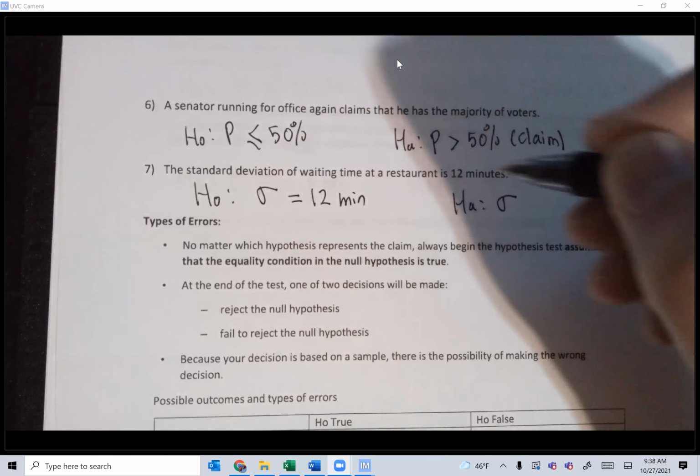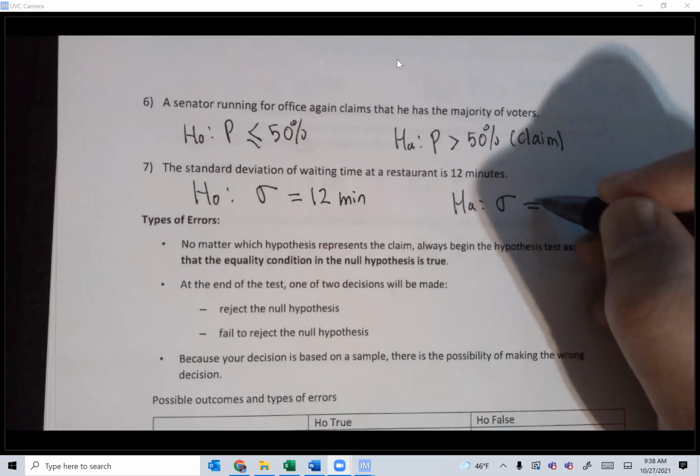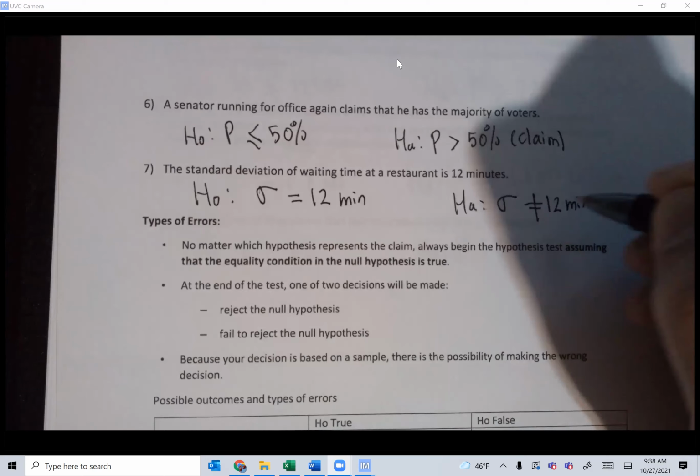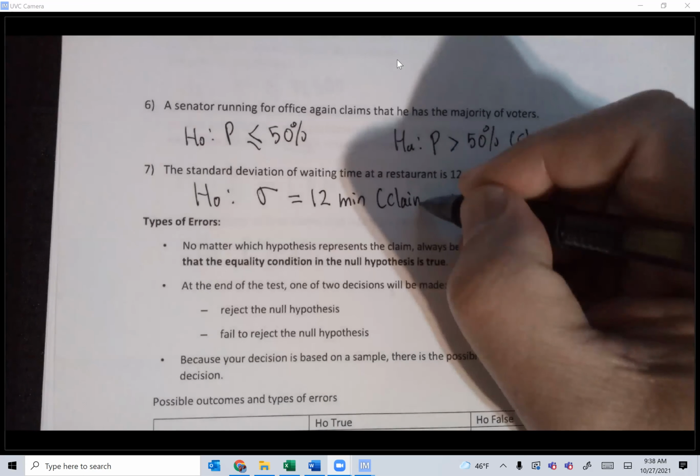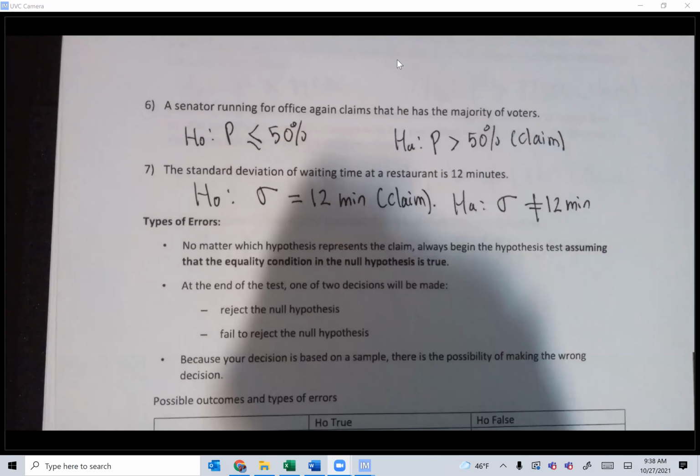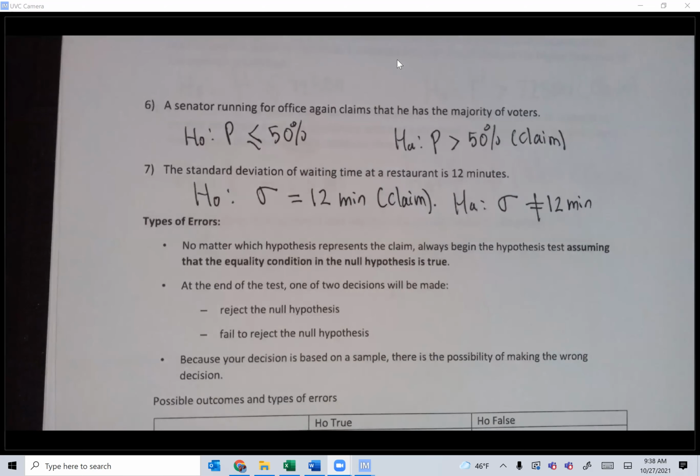And then not equal. Now, where's the claim here? It happened to be in H0. Any questions, guys, about stating H0 and HA?